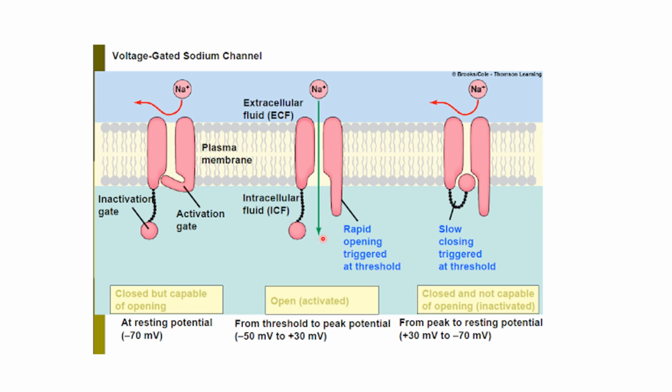But when sodium enters into the cell, the inside becomes positive due to sodium, because it is a monovalent positive charge. When it becomes sufficiently positive here due to sodium, these charges push the inactivation gate that is made up of positive amino acids to become closed, stopping the opening of the sodium channel.